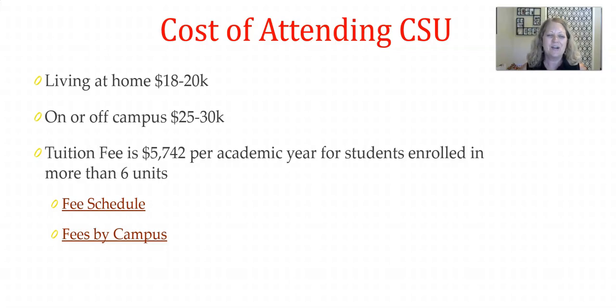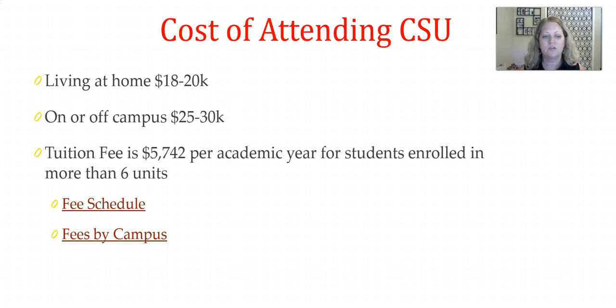So the cost of attendance for a CSU really depends on where you live. If you're living at home or with a relative, they say it's 18 to 20,000. If you're living on or off campus, it's 25 to 30,000. The tuition is different at a four-year university than at a community college.